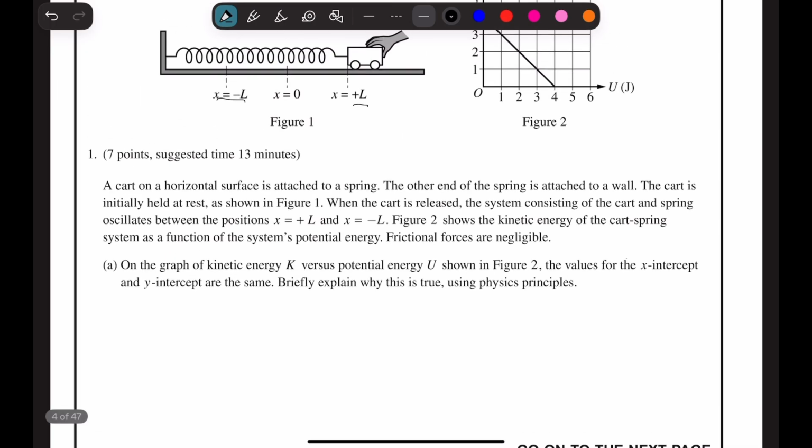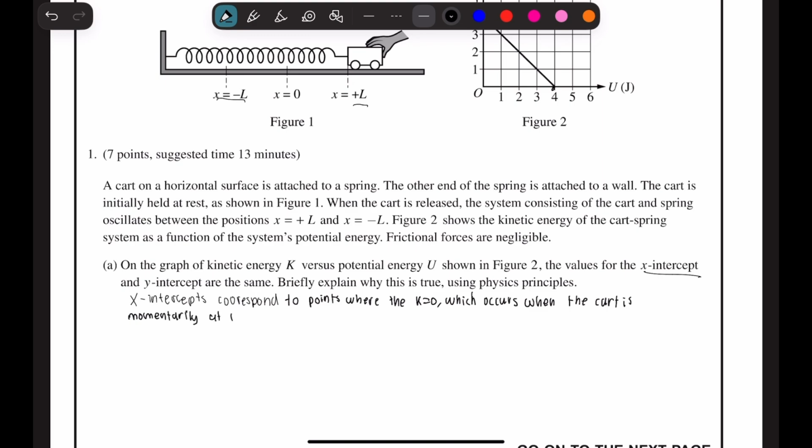Okay, so we know that the x-intercept corresponds to points where the kinetic energy is equal to 0, which occurs when the cart is momentarily at rest at the turning points, which are x equal to plus or minus L. So those turning points are right here, right?